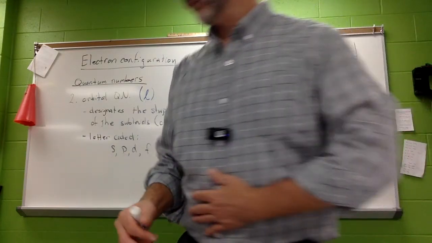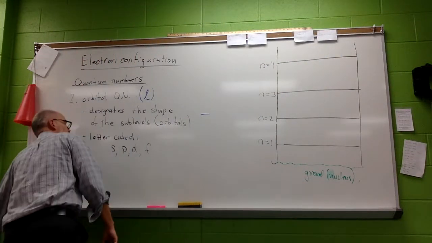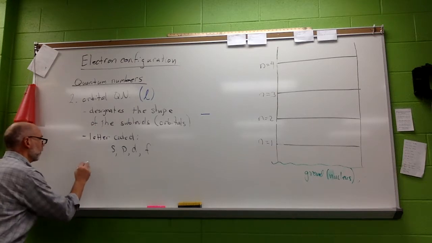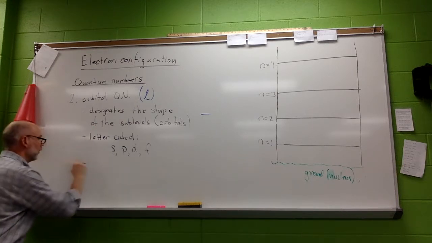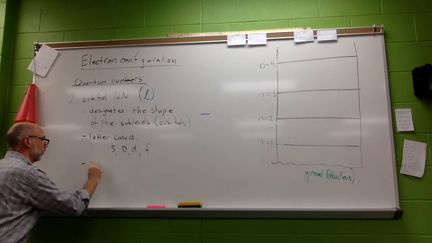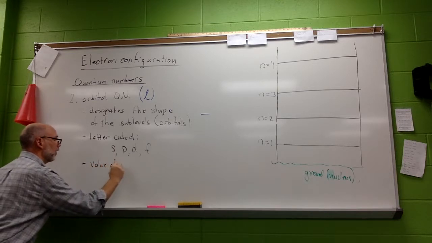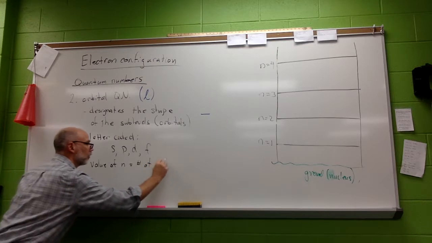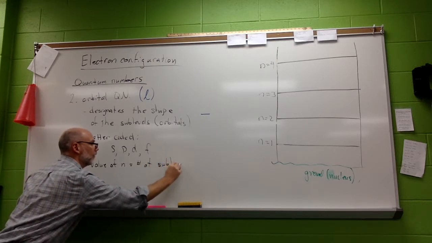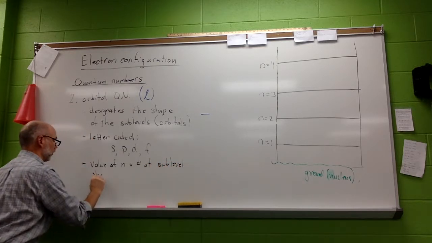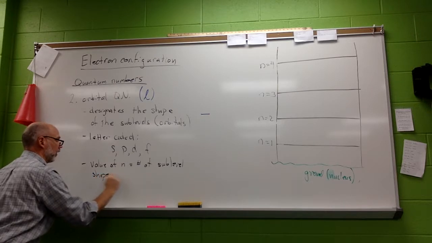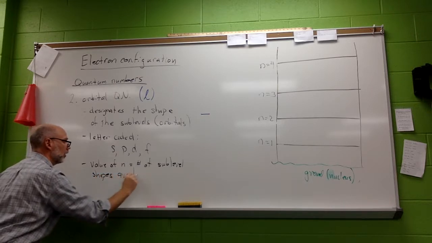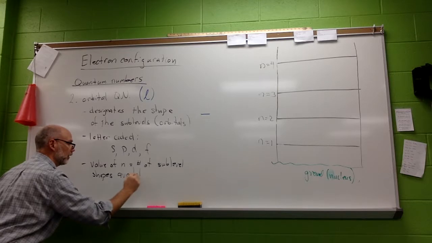Oh, there we go. This is important. The value of n equals the number of sublevel shapes available, and I want to emphasize this word, available.